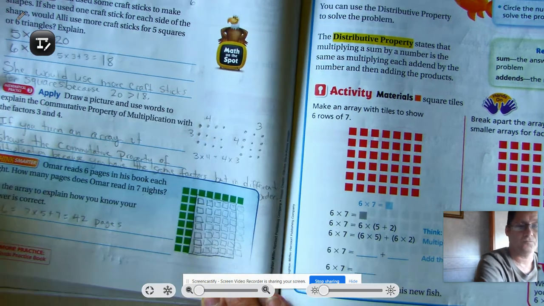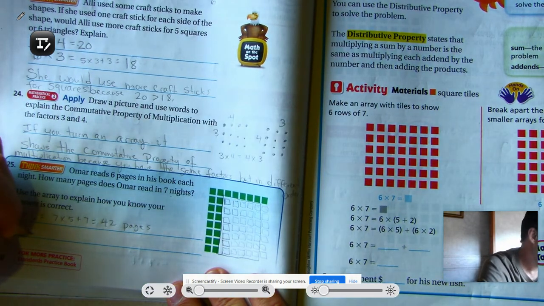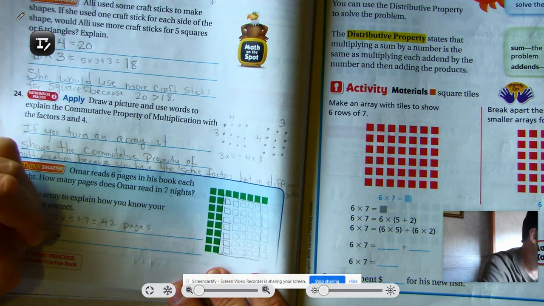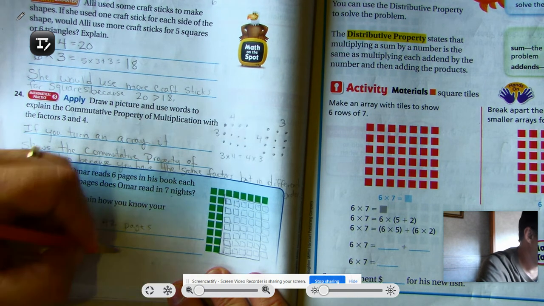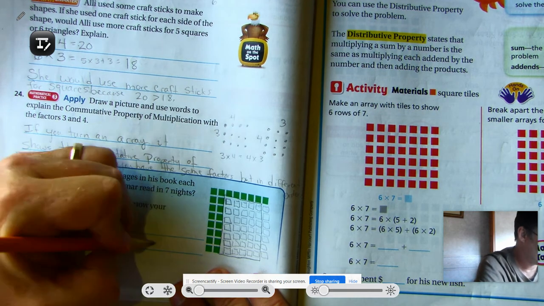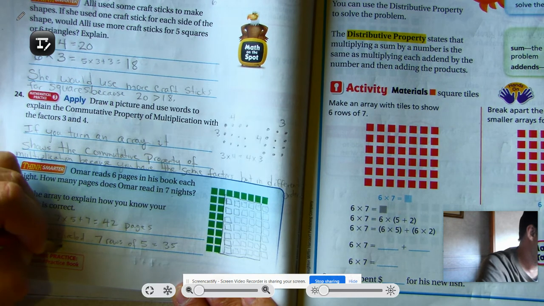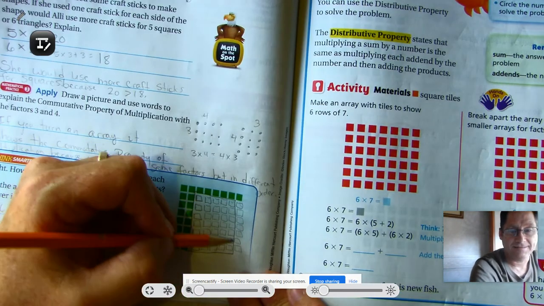So what did we do? I circled 7 rows of 5, which equals 35. And then we added the additional 7.